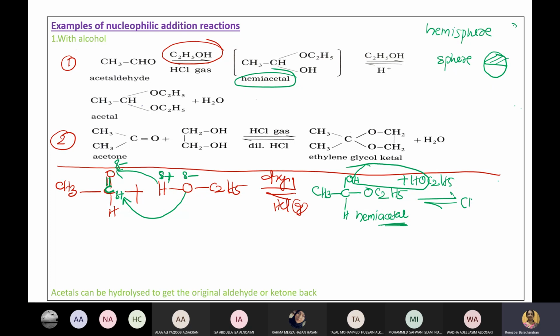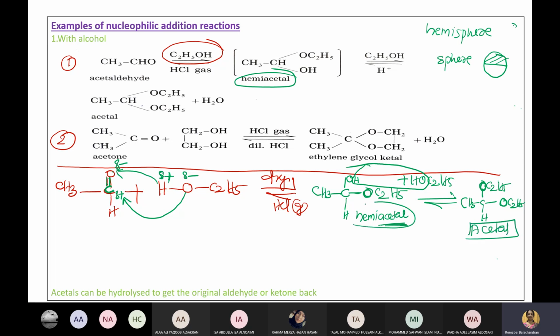CH3, CH, O, and OC2H5, and here, straight also, O, also C2H5. Same, no? So that means two OC2H5 groups on the same carbon. It's complete. So this is called acetal.